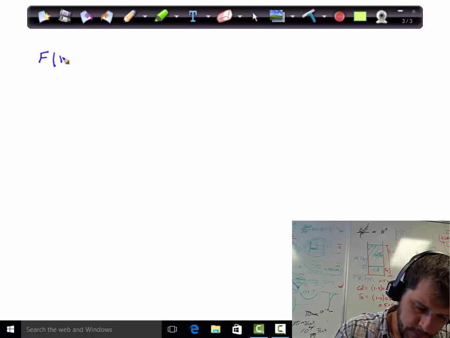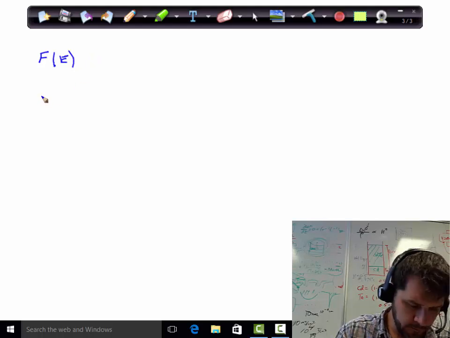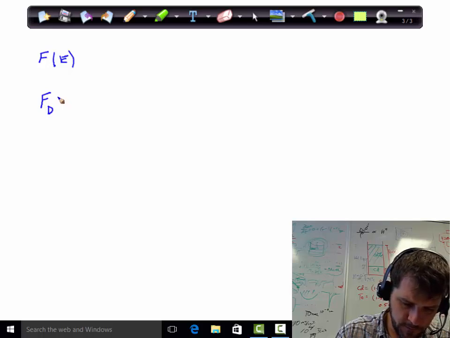So we called this f of E. It turns out that the analogous function for donors, which we might denote like this, although there's no real established convention, looks slightly different.